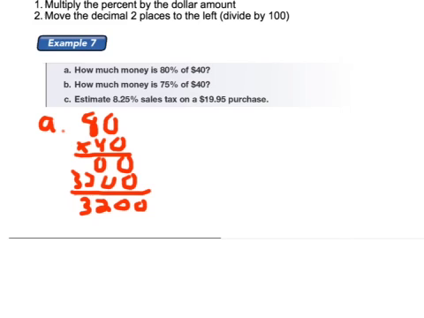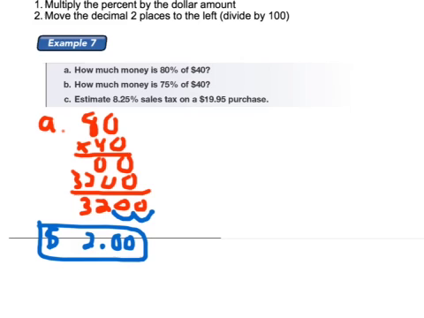Well, 3,200 divided by 100, if I throw a decimal point in there and move it 2 places to the left, it goes between the 2 and the 0, so it looks like this. It says how much money is 80% of 40, so we answer the question. That's $32.